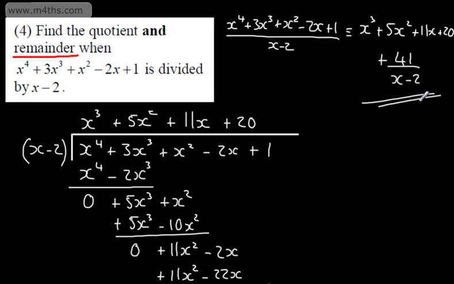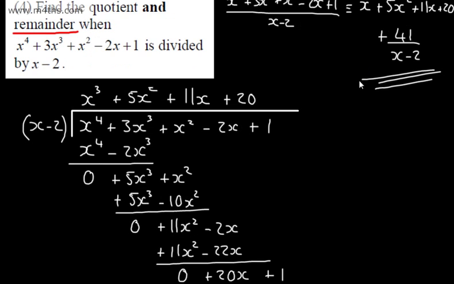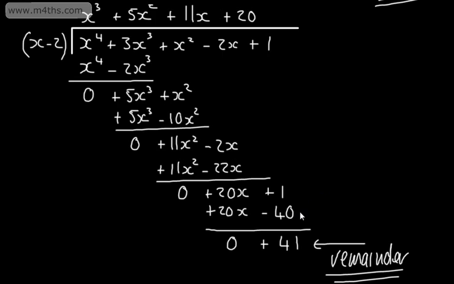So that's how we could express that. So that's the quotient, that is the remainder. If you're just asked for the remainder, it's 41.